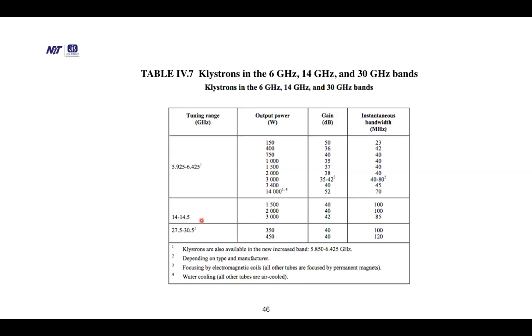For the 14.5 gigahertz range, corresponding 1500 is the output power, gain is 40, corresponding bandwidth is 100 megahertz, and so on. This is the list you can find clearly. And corresponding 27 to 5.30, this is 350 output power in watts, corresponding gain is 40 and instantaneous bandwidth is 100 megahertz.